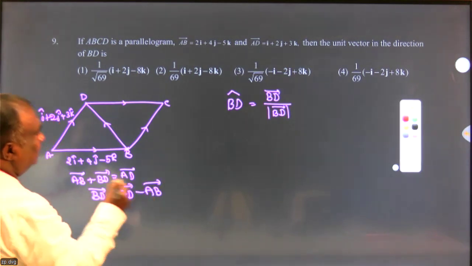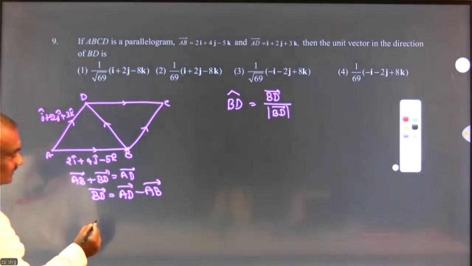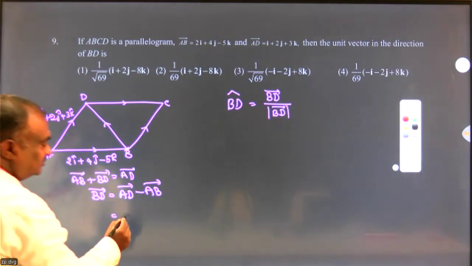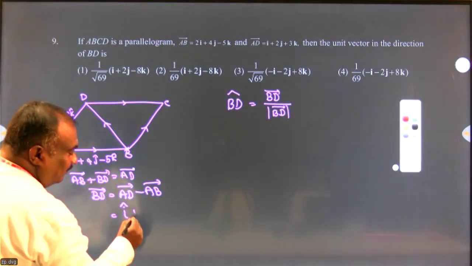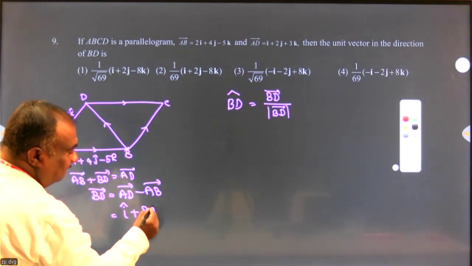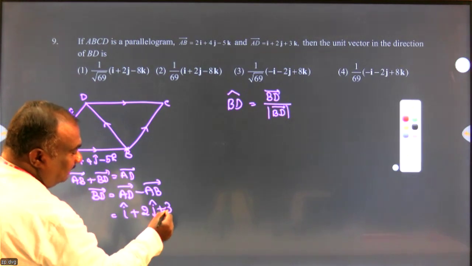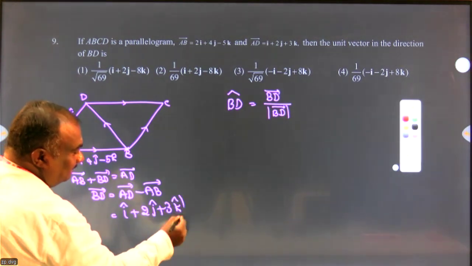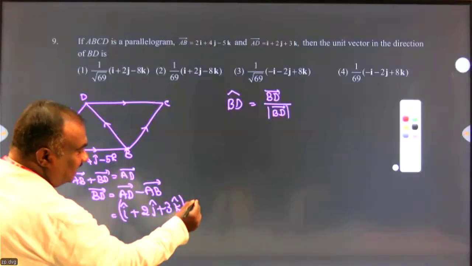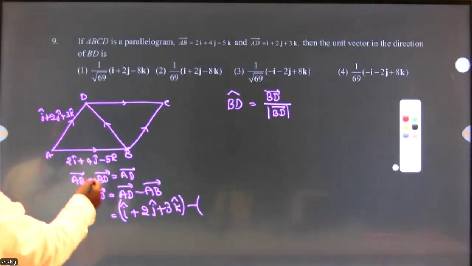AD bar is given as i plus 2j plus 3k, minus AB bar. What is AB bar?